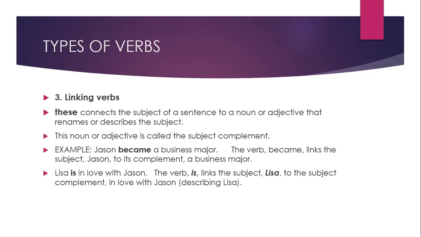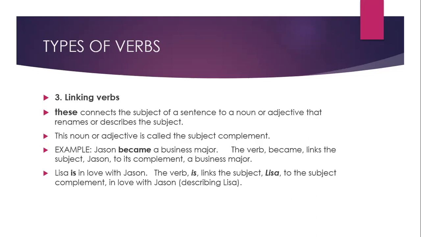So an example, Jason became a business major. Business major is referring to Jason, right? Now the word became is a linking verb that links Jason, the subject, to that thing that tells us more about Jason, and that is the complement. So become or became is an example of a linking verb. Okay. The verb to be is the commonest linking verb.